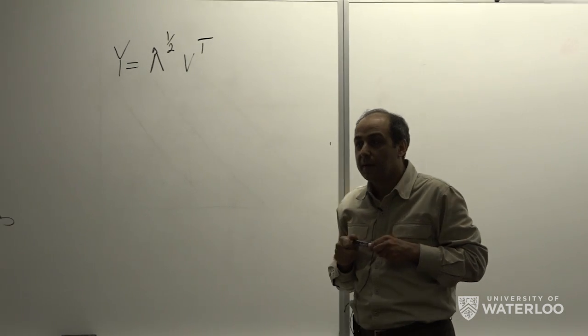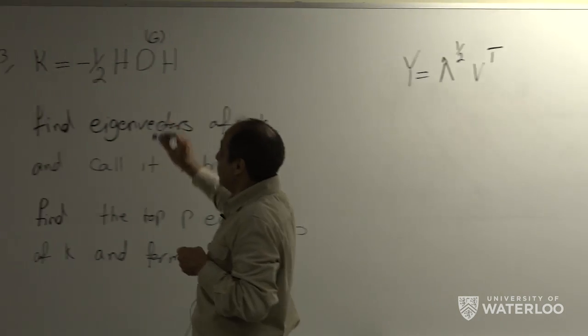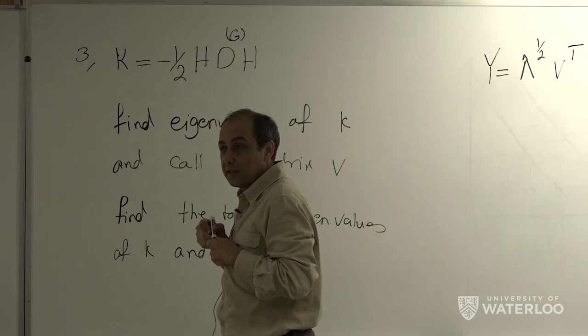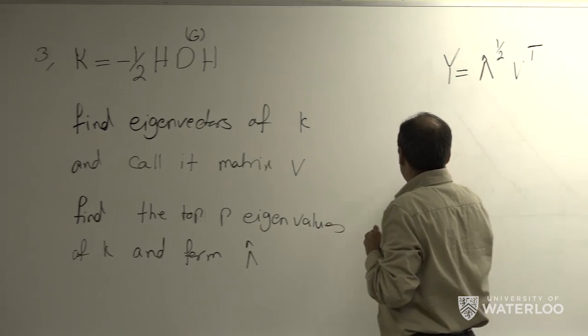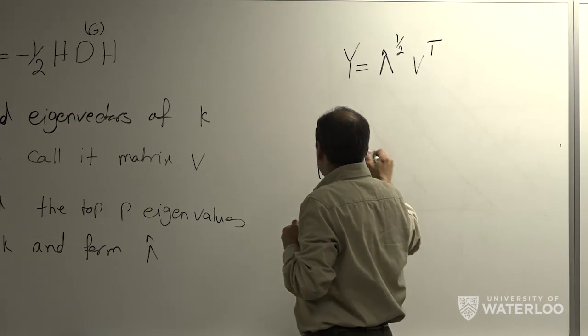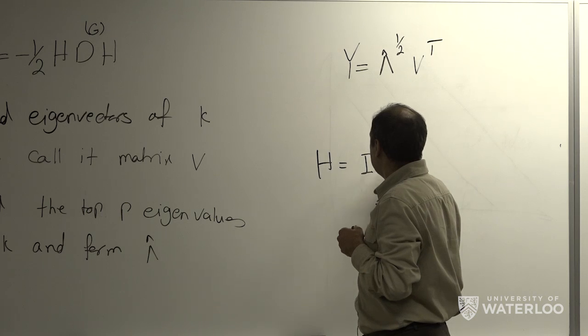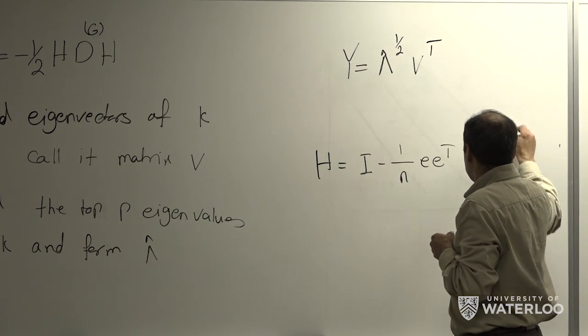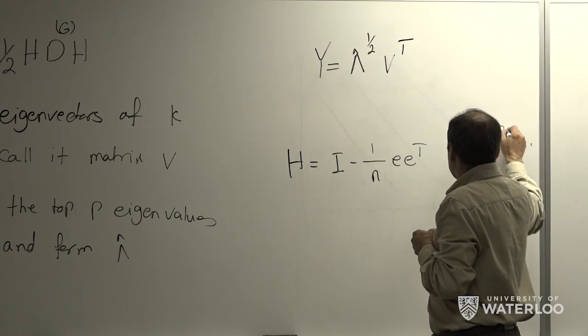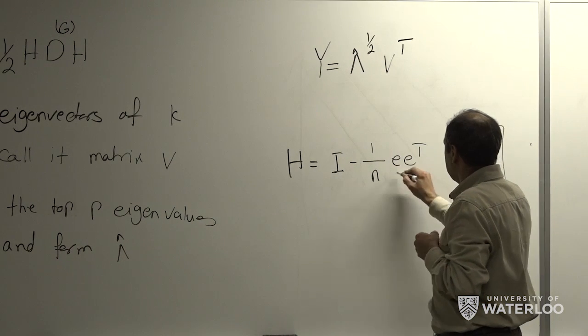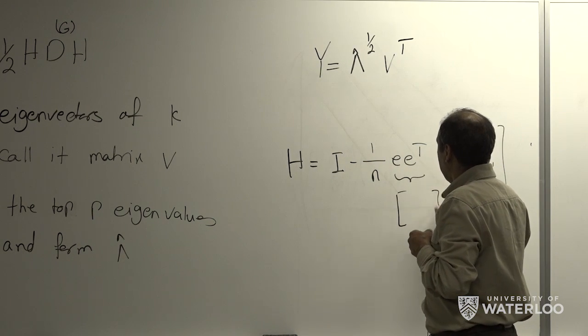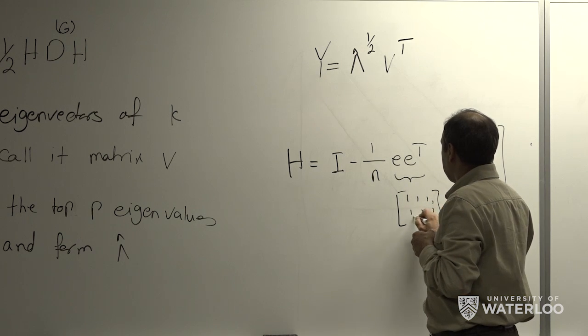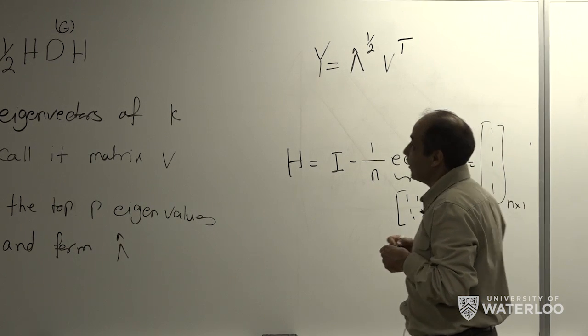What is H again? H is a centering matrix, which is constant and can be computed as I, identity, minus 1 over n E E transpose, where E was 1, 1, 1, 1, n by 1. So E E transpose is an n by n matrix of ones. It's a centering matrix.